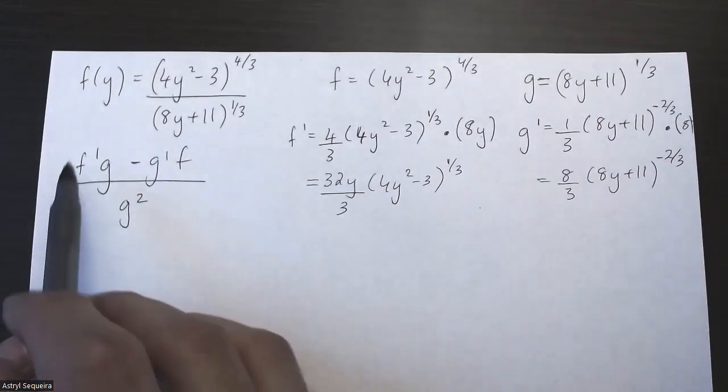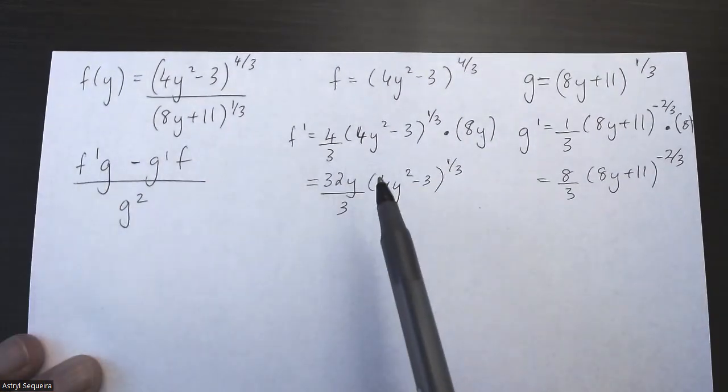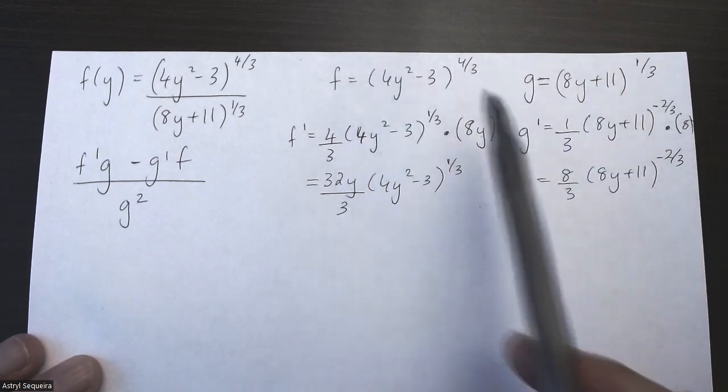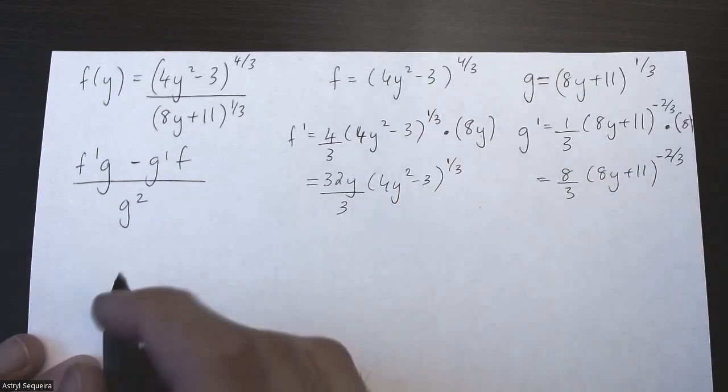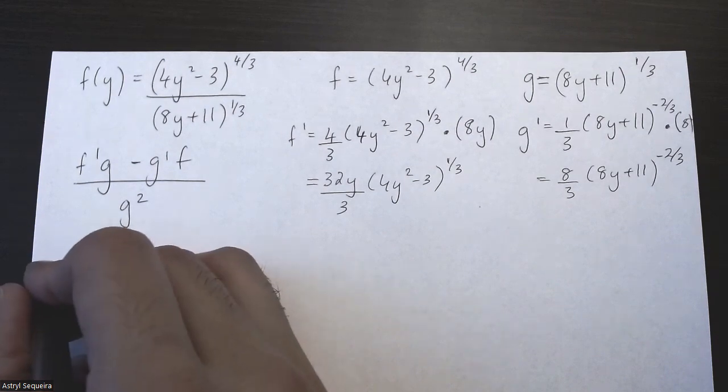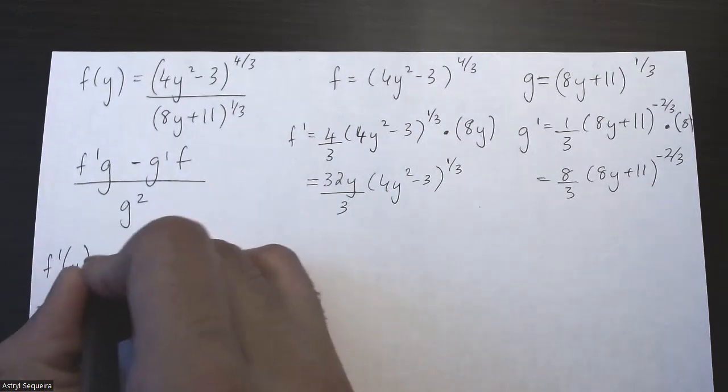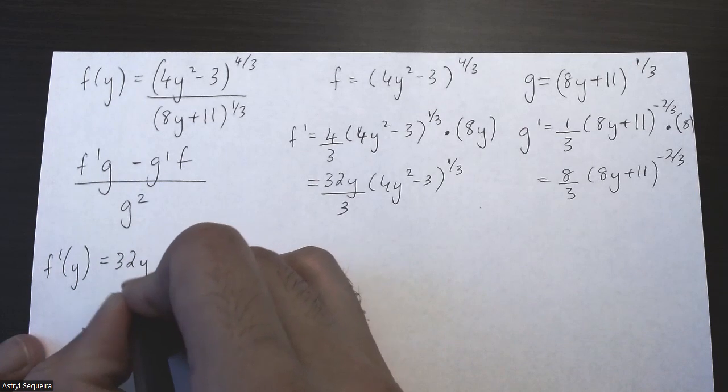So now let's put all of this in our quotient rule. I have f prime times g minus g prime times f divided by g squared. So let's write all that down. It's going to be a huge equation.